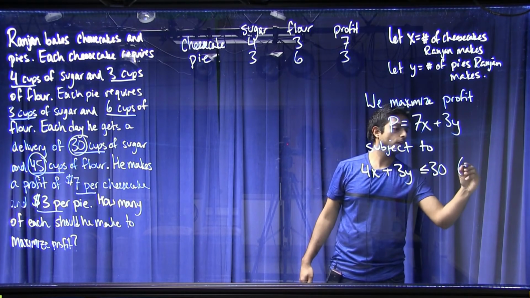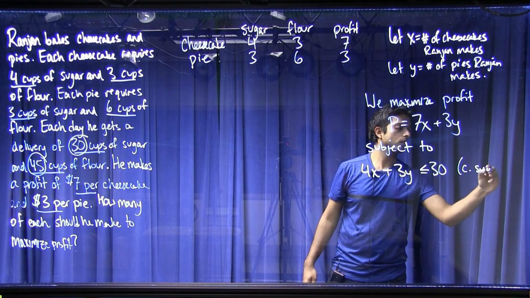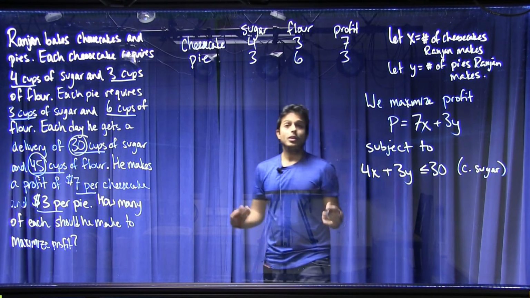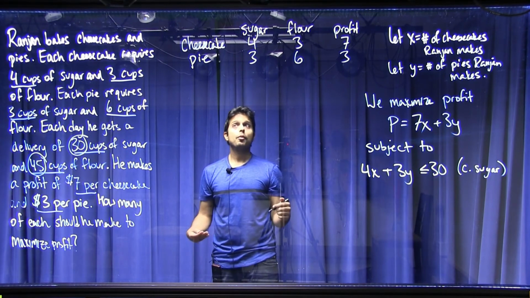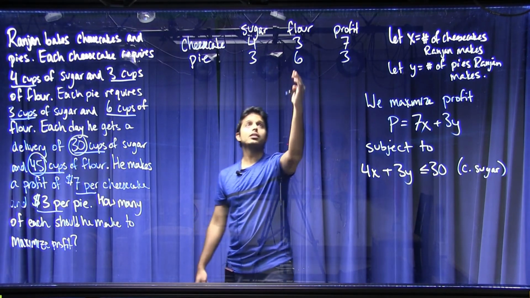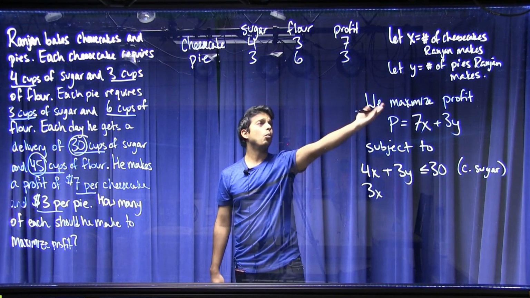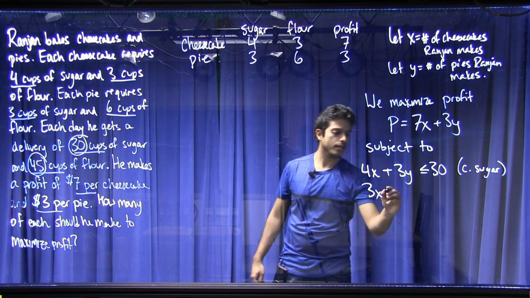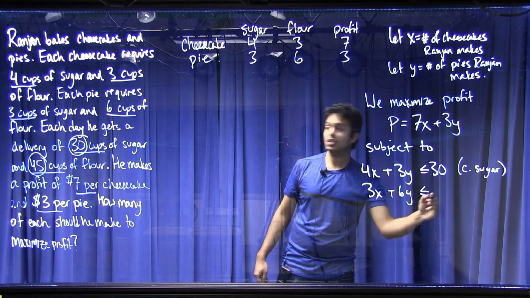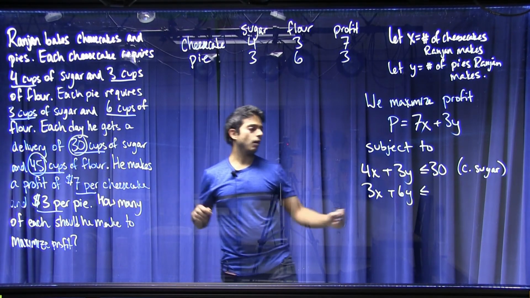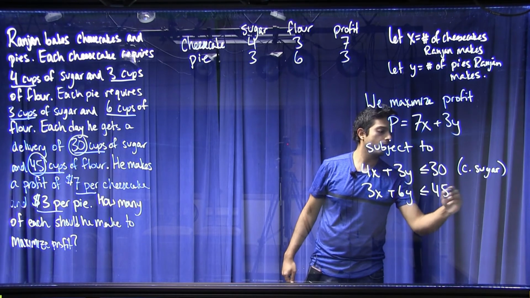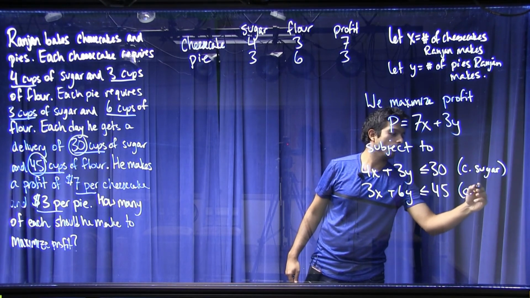This constraint comes from cups of sugar. We similarly get one from the flour. We make x cheesecakes, and they each use 3 cups of flour, so that's 3x. We make y pies, they each use 6 cups of flour, that's 6y. And we get a delivery of 45 cups of flour per day, so that's got to be less than or equal to 45. This constraint comes from cups of flour.